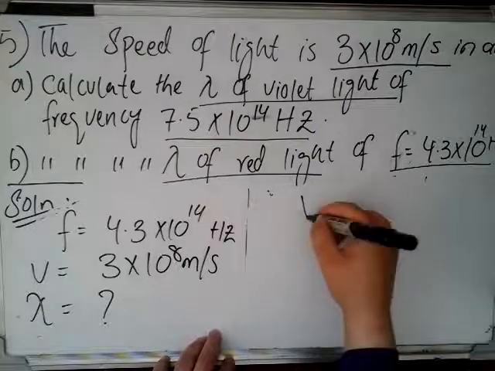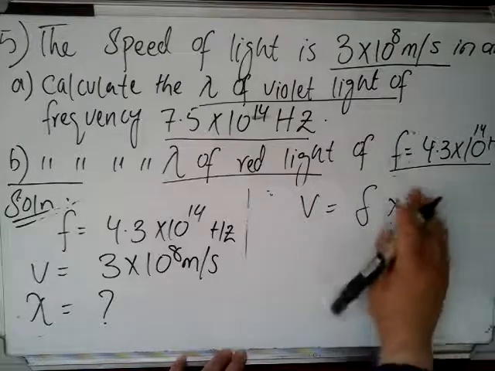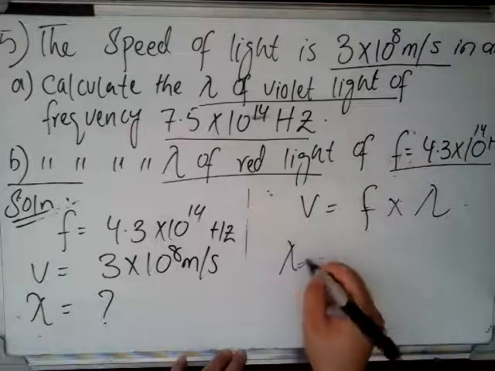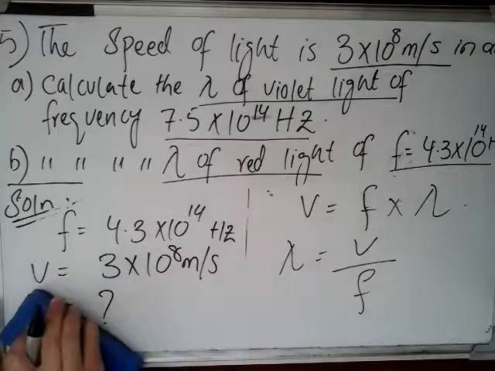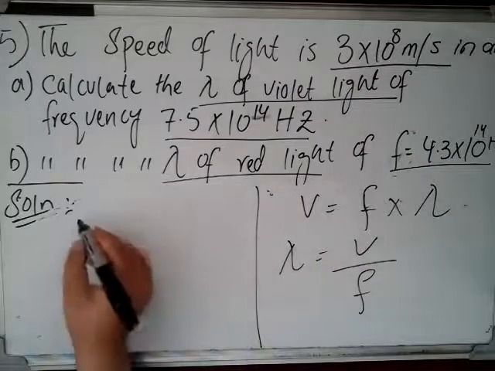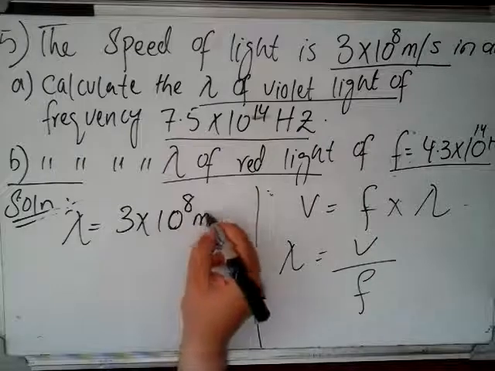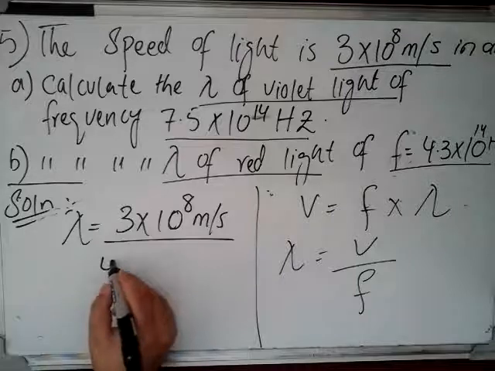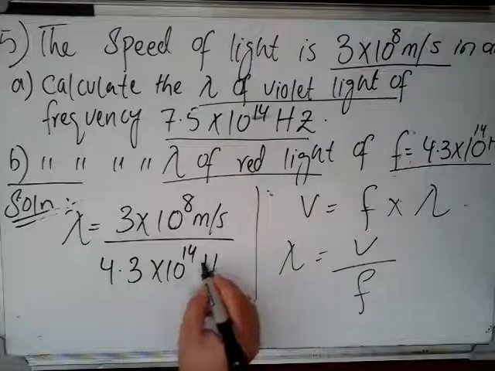We know that speed is equal to frequency into wavelength, so wavelength would become speed divided by frequency. We put the values: wavelength would be 3 into 10 raised to power 8 meter per second divided by the frequency of red light, that is 4.3 into 10 raised to power 14 hertz.